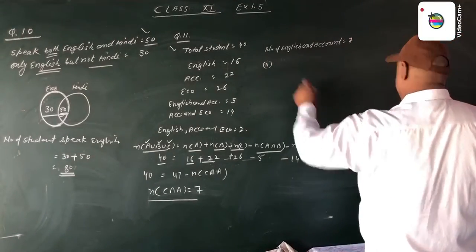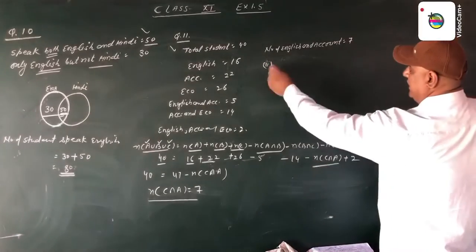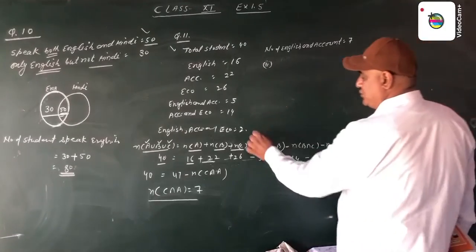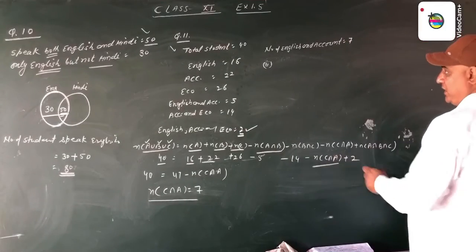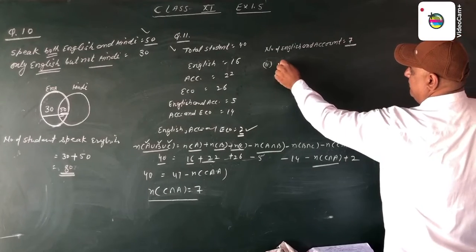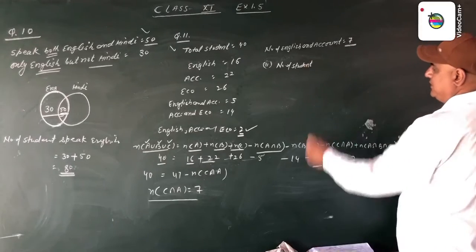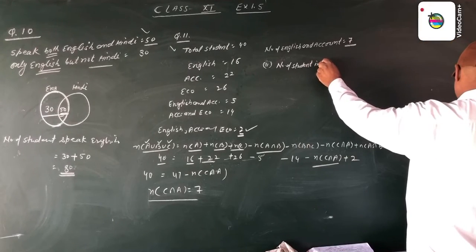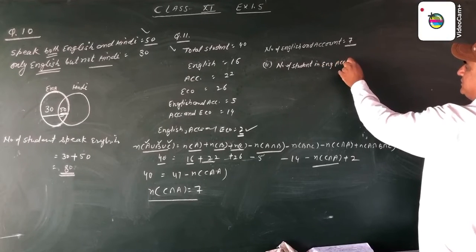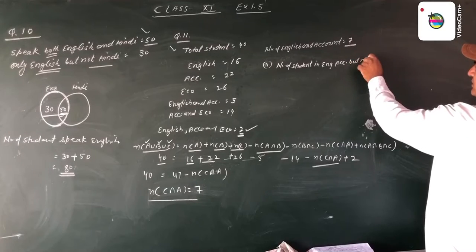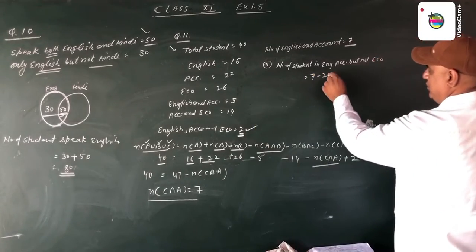In the second part, we have to find the number of students in English and accountancy but not economics. Now English and accountancy, these are the 2 students which are common in all three. So the number of students in English and accountancy but not economics is 7 minus 2.